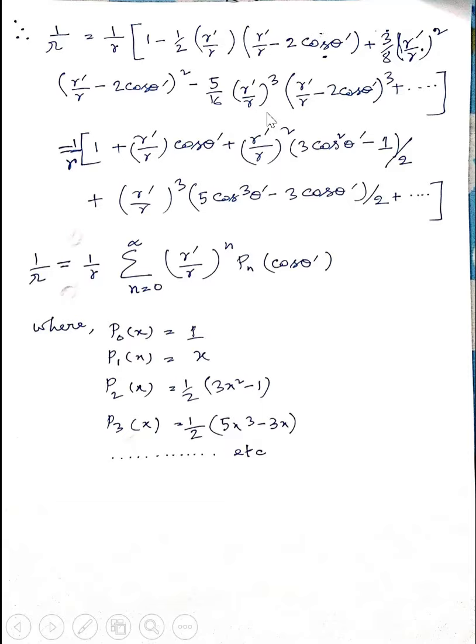You can do it at your home, or you can see any standard book, you will find these expressions. And finally we will get this type of expression, and we can express these expressions in a general way.